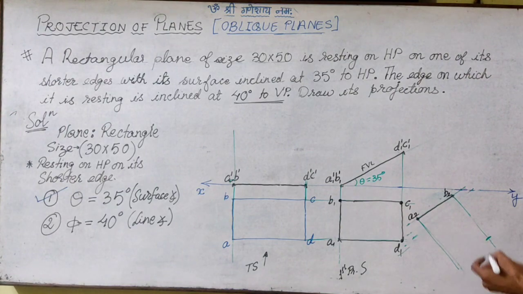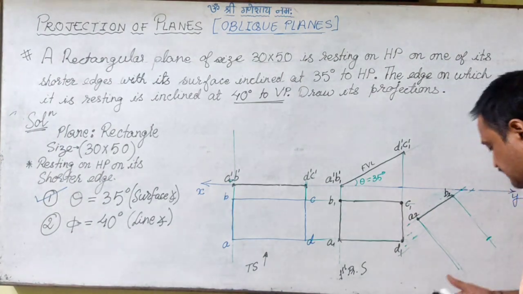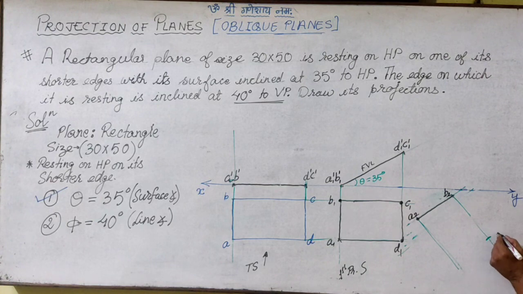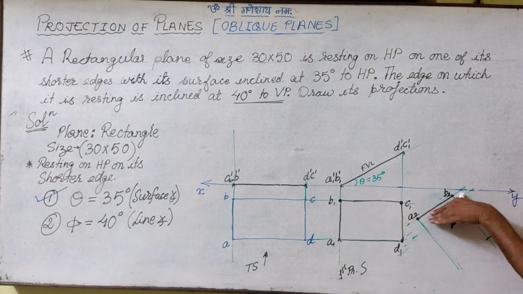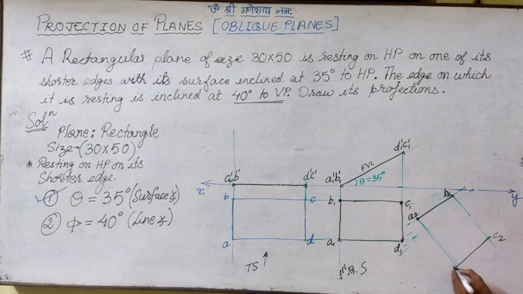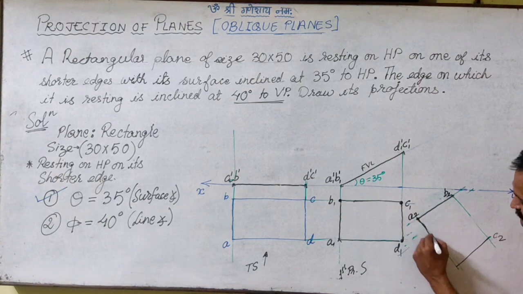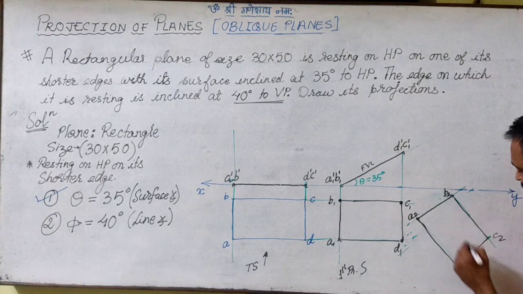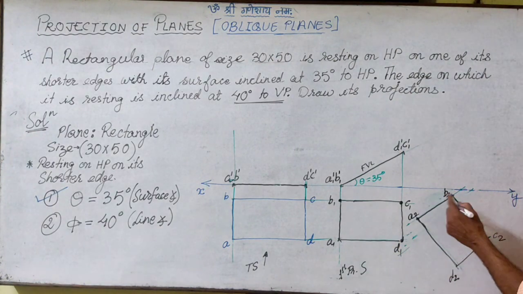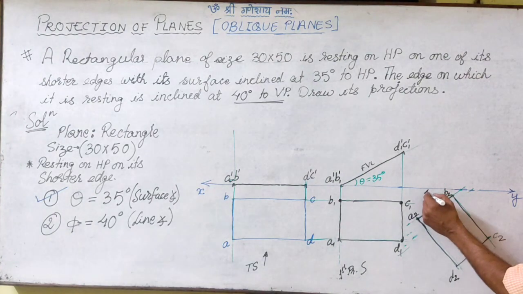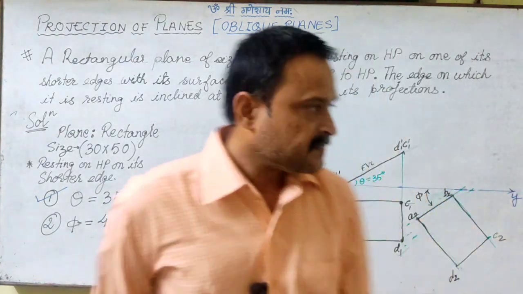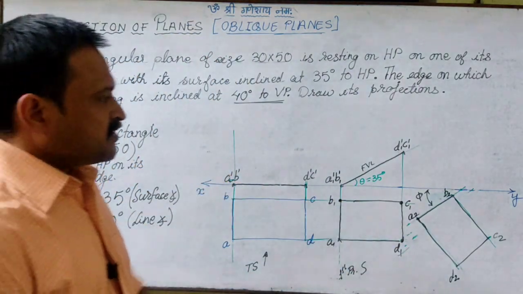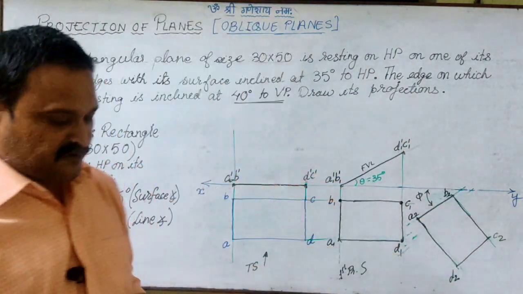So I have achieved C2 and then parallel to this. So what we have done is simply reproduce this same rectangle only by this side to be at given inclination of phi, right? So we have drawn the final top view now.